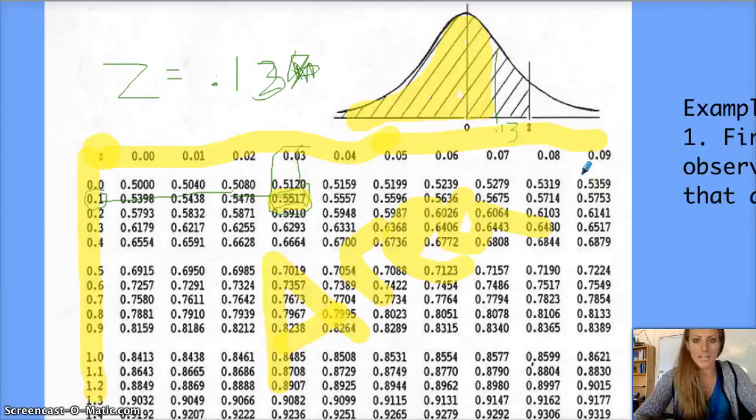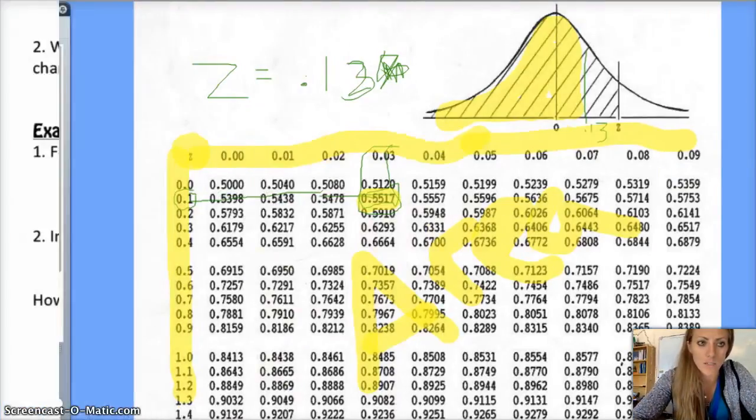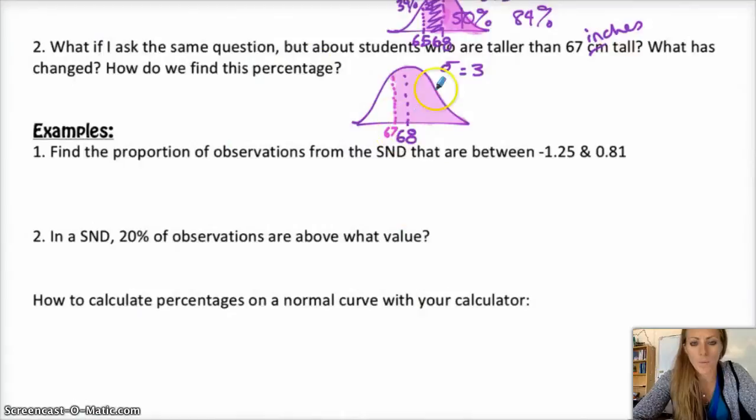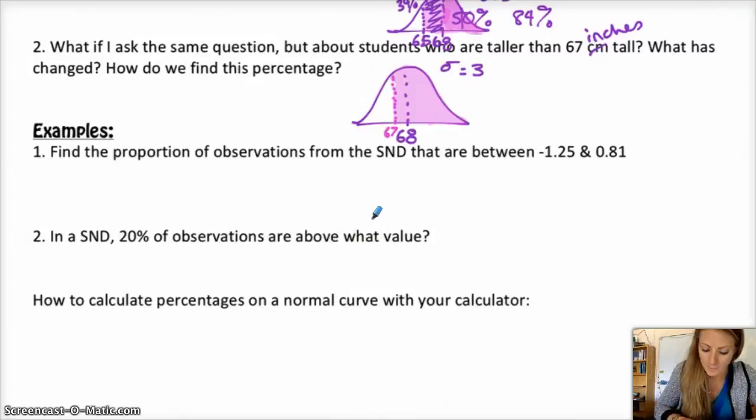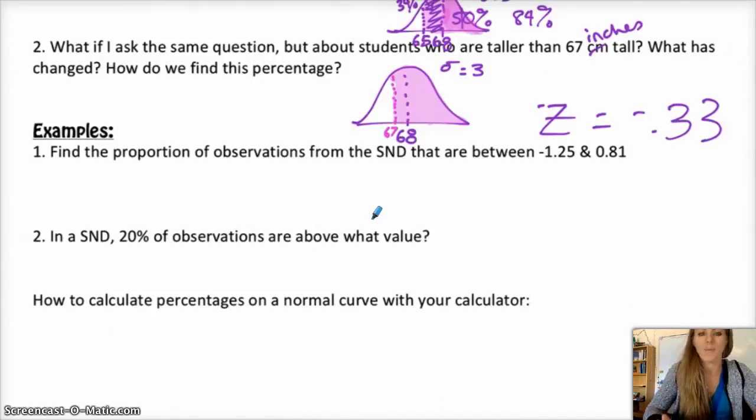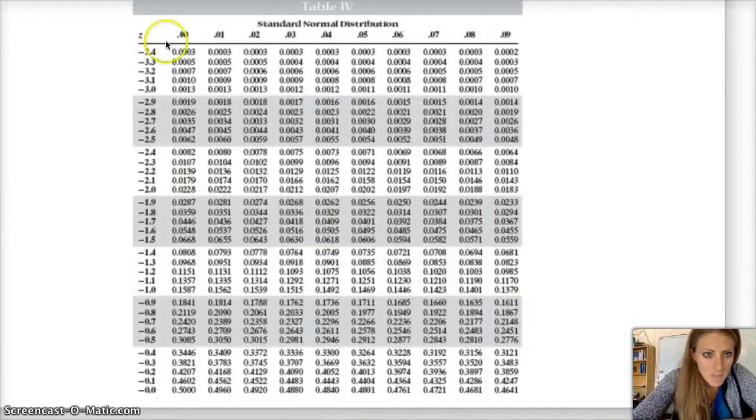Back to our example from before, when we want to find the area above those who are taller than 67 inches, I convert that to a z-score, and we found that was negative 0.33 repeated. So I can go to my table A and find negative 0.33. There's a negative side and a positive side.